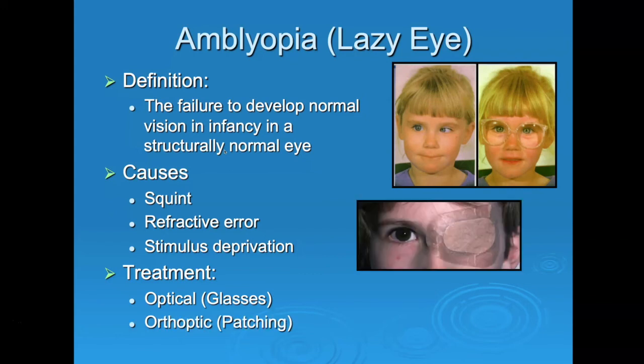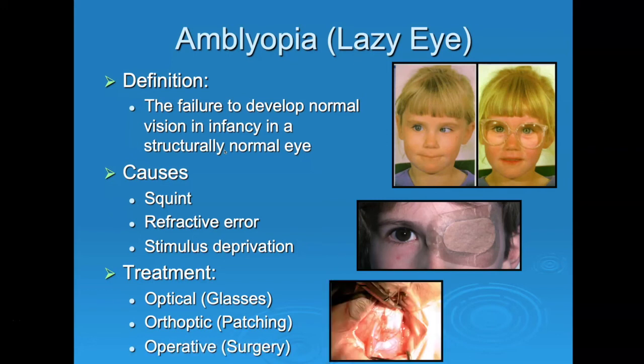Sometimes we need to patch the good eye in order to encourage visual development in the lazy eye, which can then make a good neurological connection with the brain. Finally, we can do eye muscle surgery just to realign the eye in order to help both eyes work together and develop good vision together.